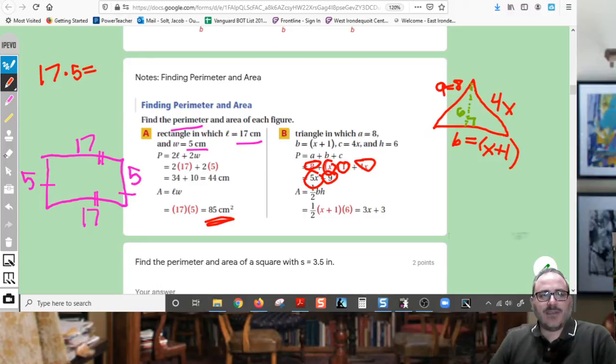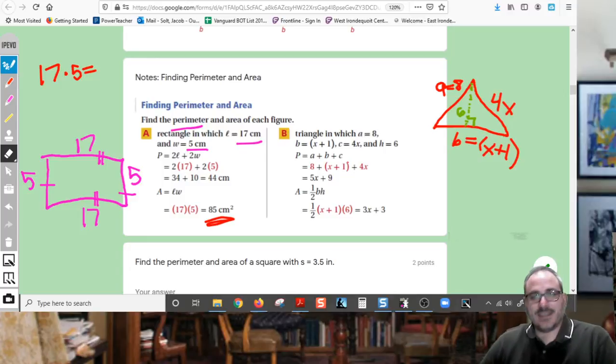You see how they did that? They just took the like terms and combined them. It's called combining like terms. So the perimeter of this triangle is going to be 5x plus 9, which merely means we still don't know the true perimeter of the triangle, but we know it's 5 times x plus 9, whatever x is.